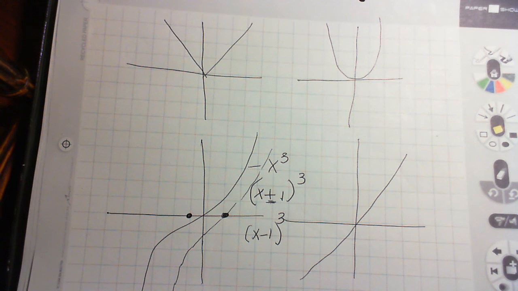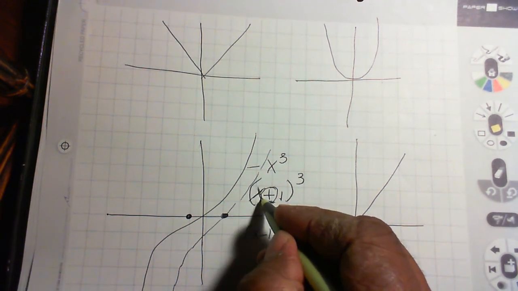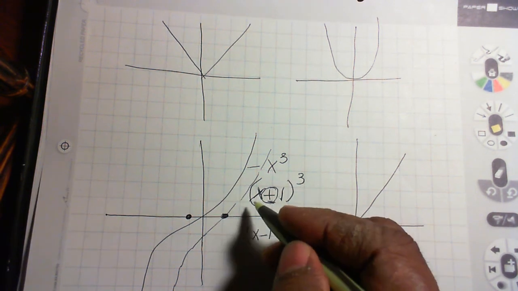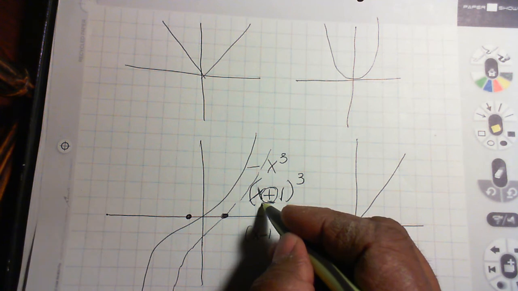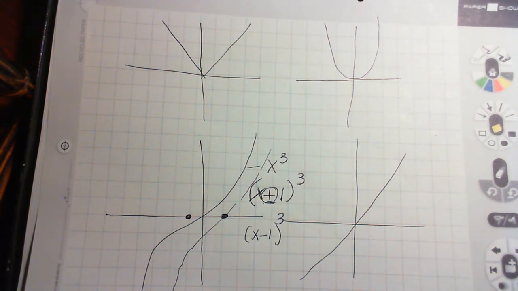Okay, so remember, if it's plus 1 before you operate on the x, like for example x squared, x cubed or whatever, you're adding 1 to the x and then you cube it. What you're doing to the x moves it right and left.